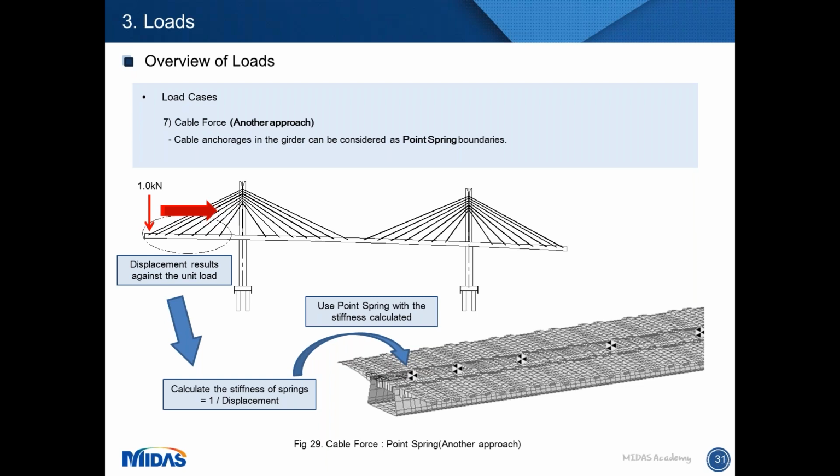So from global analysis, we can get the displacement results for the cable anchorages. And then we can calculate the stiffness of the spring, and then use the point spring function with the calculated stiffness.